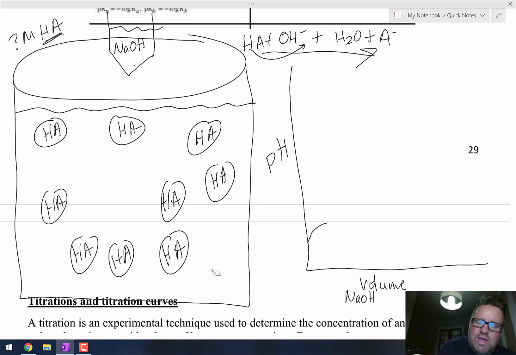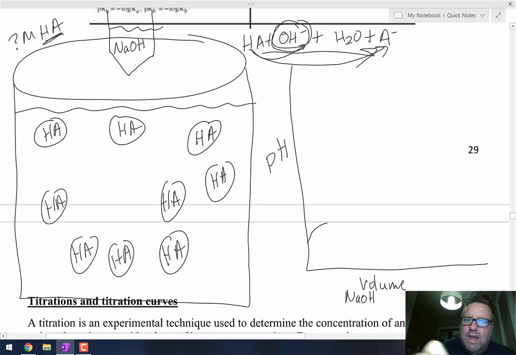Then we keep adding more of this sodium hydroxide, and all of the sodium hydroxide that we add gets used up, and it converts into, again, A minus and H2O.